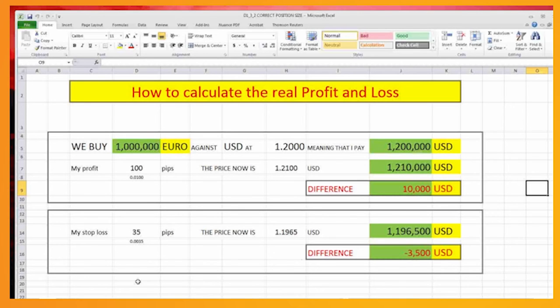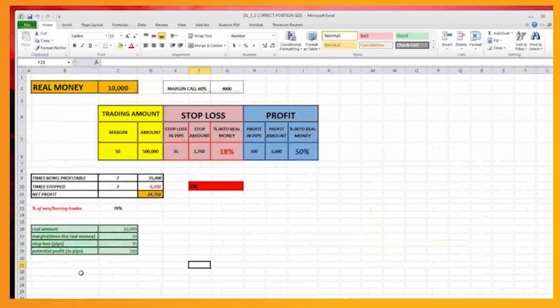Right? So look at some calculations now. If we have real money, $10,000, and we take margin, let's say we have the real amount of 10,000 and we margin it 50 times, you can go for a $500,000 trade. Your stop loss is 35 pips and your potential profit is 100 pips.